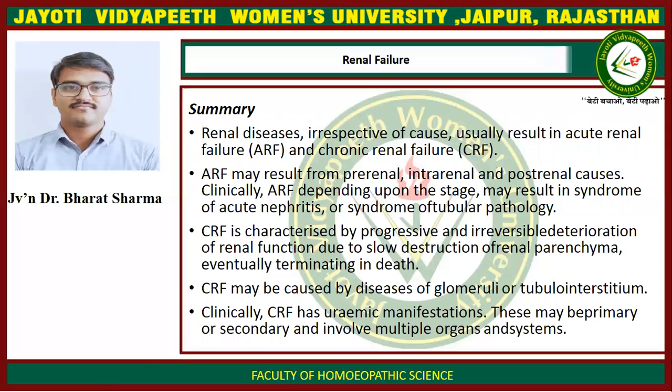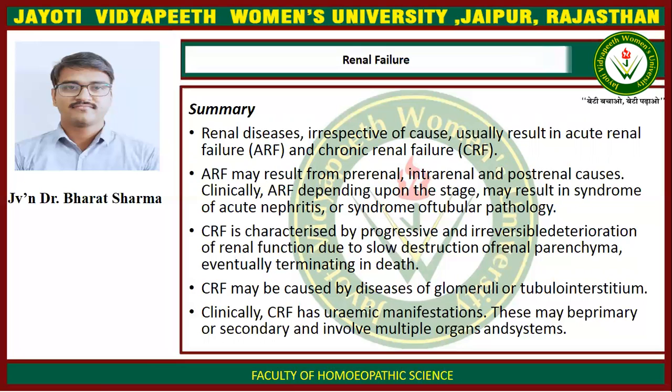Summary: renal disease, irrespective of cause, usually results in acute renal failure and chronic renal failure. Acute renal failure may result from pre-renal, intrarenal, and post-renal causes. Clinically, acute renal failure, depending upon the stage, may result in syndrome of acute nephritis or syndrome of tubular pathology.